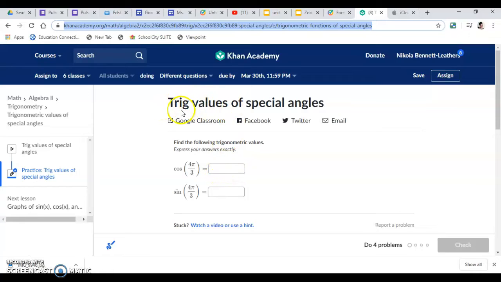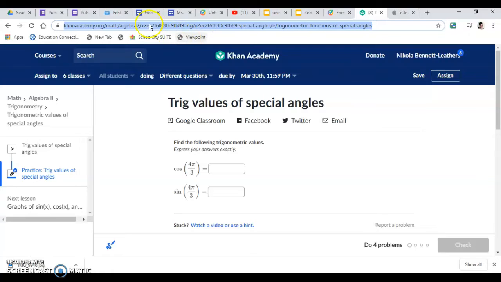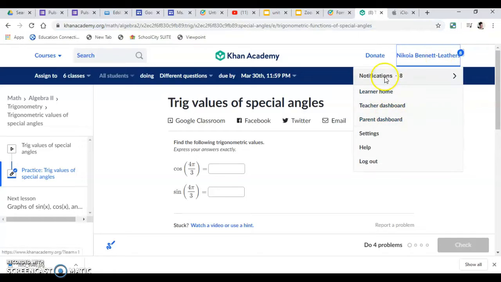You should be at the trig values of special angles, and you should see your name in the top right hand corner when you click on the embedded link. If you do not see that, just navigate to khanacademy.org and it'll take you to your profile, and I'll show you how that looks.